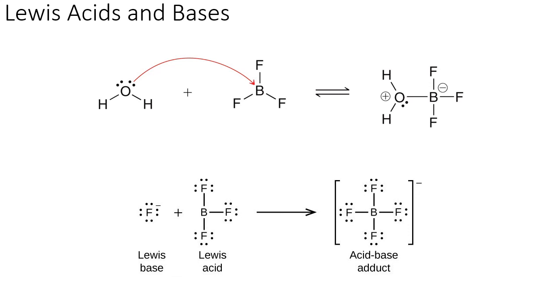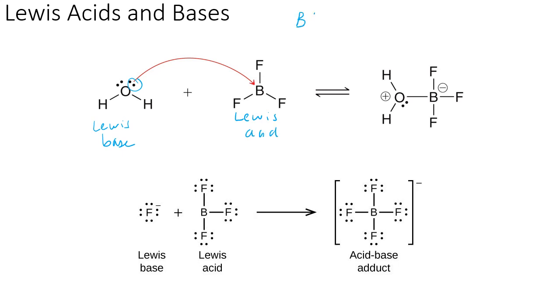So looking at the above reaction between water and BF3, can we identify what is the Lewis acid and what is the Lewis base? The water is donating its electrons, and so this must be the Lewis base. The BF3 is accepting those electrons, so that must be the Lewis acid.